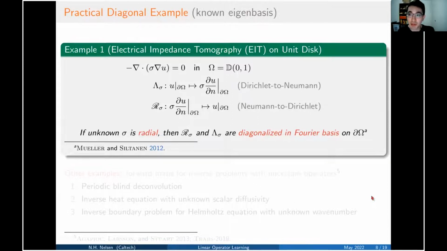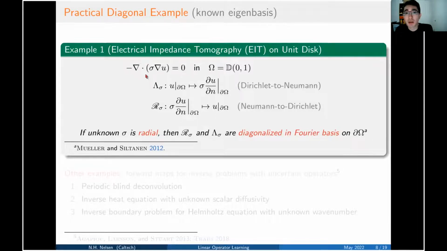This assumption is verifiable for certain examples. I'll come back to the EIT problem later in this talk, but right now, here's an example where it's diagonal. The electrical impedance tomography problem is a famous inverse problem, known as Calderon's problem. On the unit disk, it looks as follows.